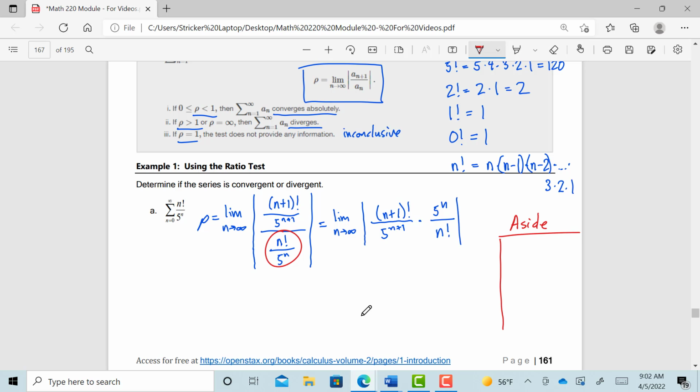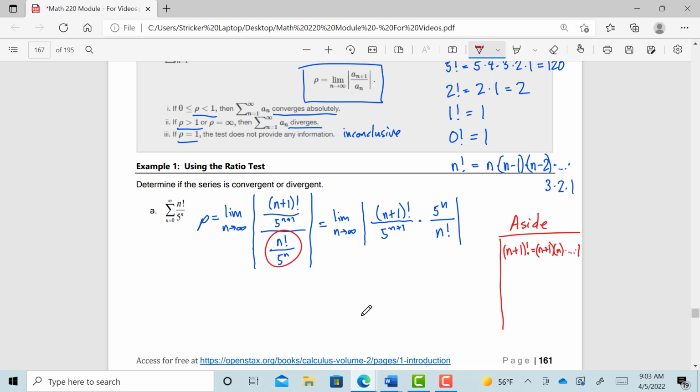So if we take a look at n plus 1 factorial, what is that going to represent? Well, that's n plus 1 times n, right? One smaller than that, times, and you keep going all the way till you get to 1.